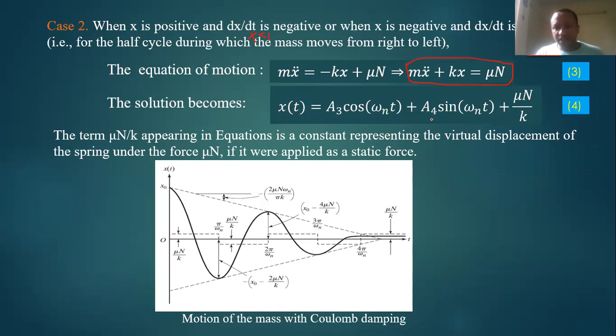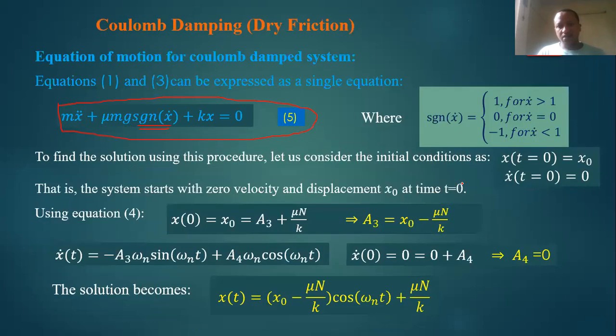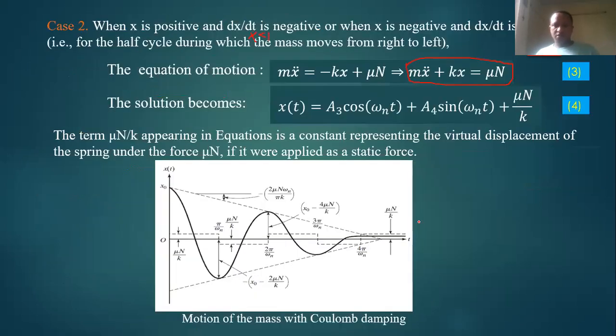This part becomes 0 because sine 0 is 0. So x naught is equal to A3 plus mu N over k.